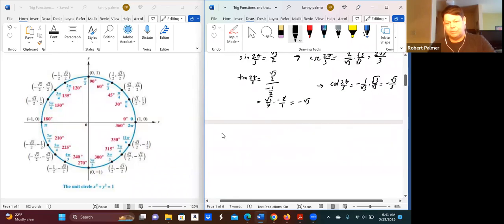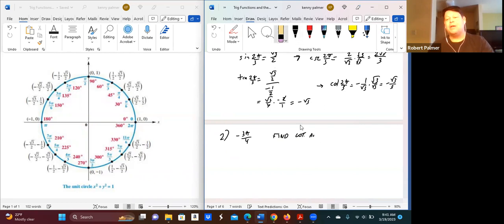Okay, number 2. This time, let's do negative 3 pi over 4. Okay, notice that's negative. So let's find a coterminal angle.